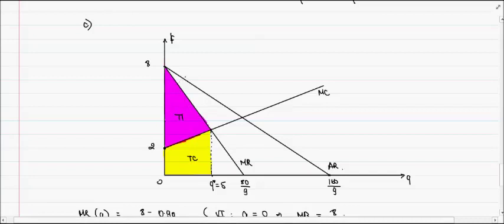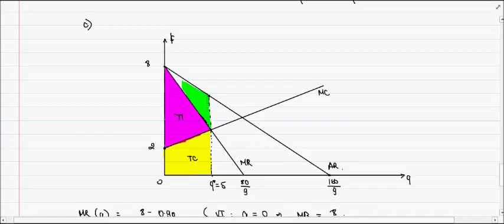and the consumer surplus. So we know that the consumer surplus is just the difference between the average revenue and the marginal revenue up to the quantity produced by the firm. Okay, so if you are moving Q equal to 5 up all the way until the average revenue, which is here, then the area below the average revenue above the marginal revenue up to this quantity is going to be the consumer surplus. Okay, so as you can see, it's going to be this green highlighted area.